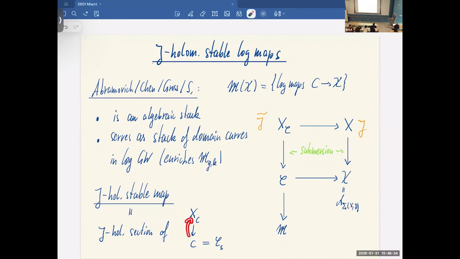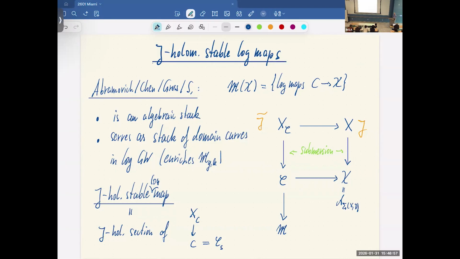And then I can ask, when is this section holomorphic? And that will be my J-holomorphic stable log map: a J-holomorphic section of this diagram.